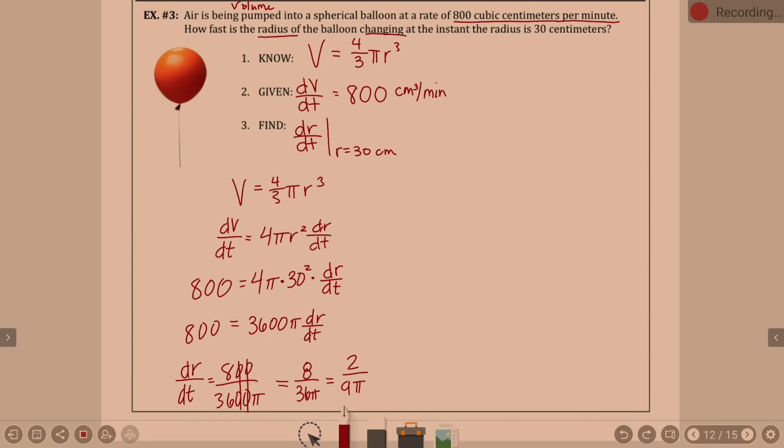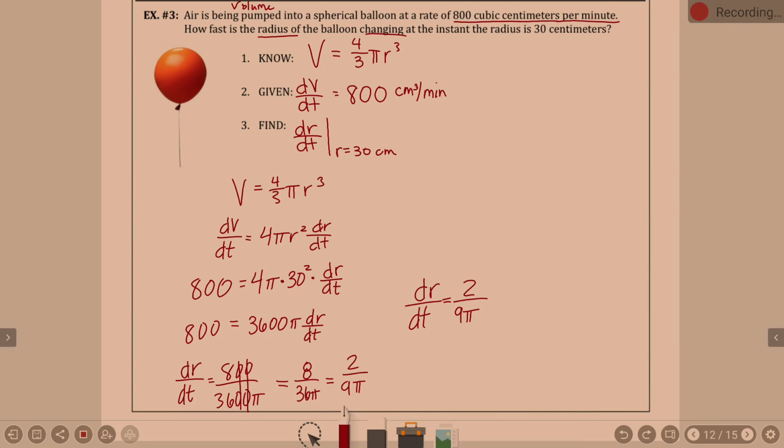Now notice, where is that pi? It is specifically in the denominator. So dr/dt is 2 over 9 pi. Give me a label. Centimeters per minute, because it's radius, which is just a unit of measurement. Do we need the evaluated at r equals 30 still?